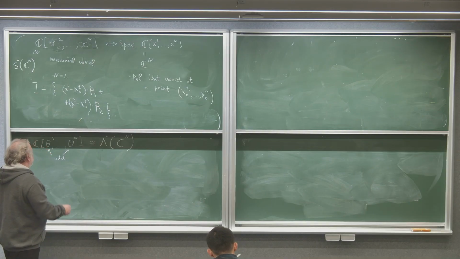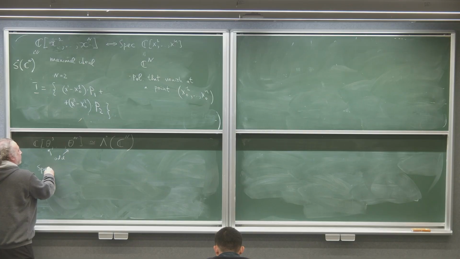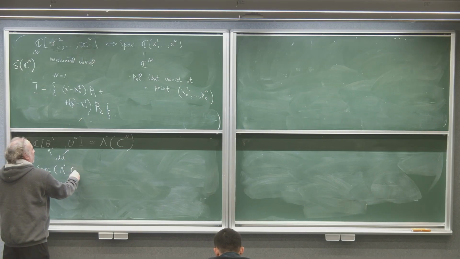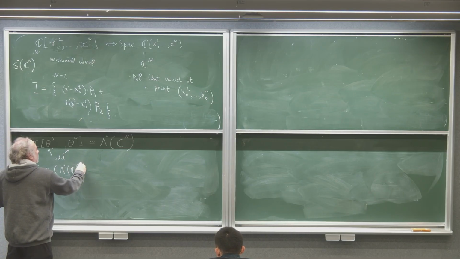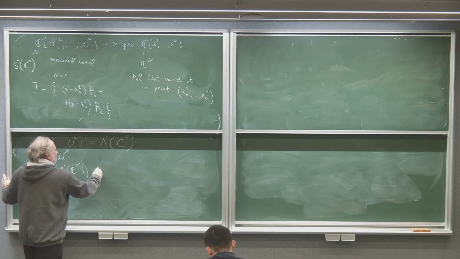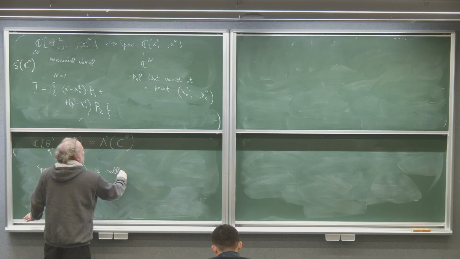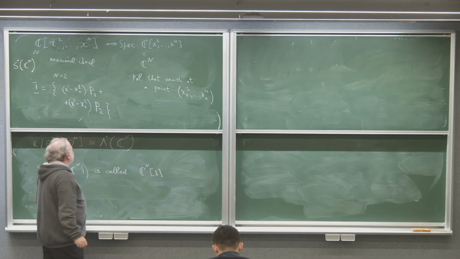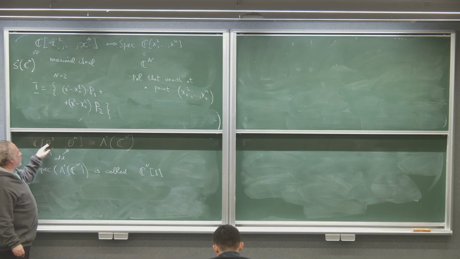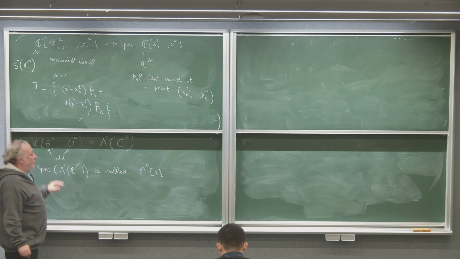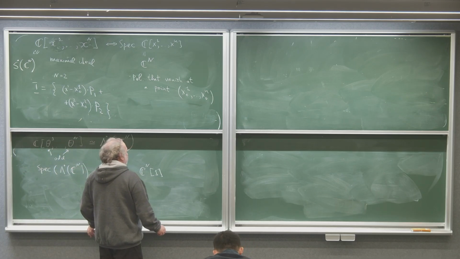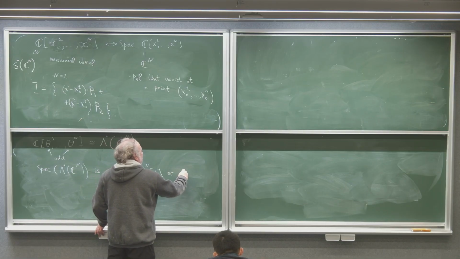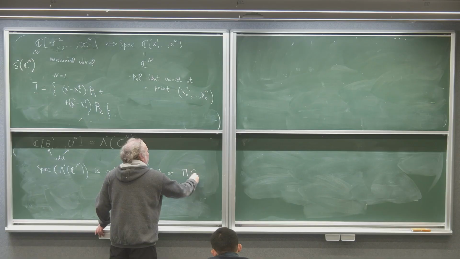Such a space is called Pi C^n, shifted by parity by 1, in the sense that the coordinates are shifted by parity by 1. Or sometimes people use the following.